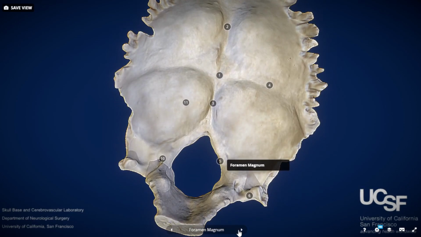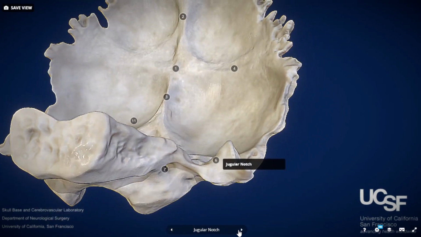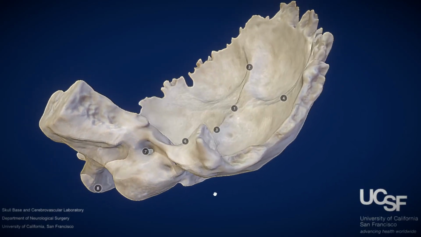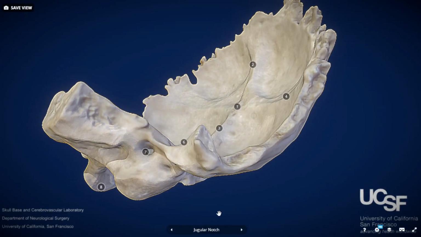And just anterior to the squamous portion, we see the foramen magnum, which lies in between the 3 regions of the occipital bone. What we're seeing here is the jugular notch, which is formed by the projection of the jugular tubercle.